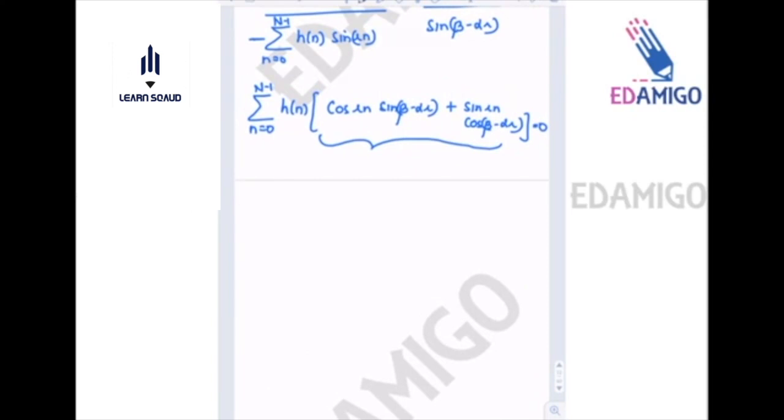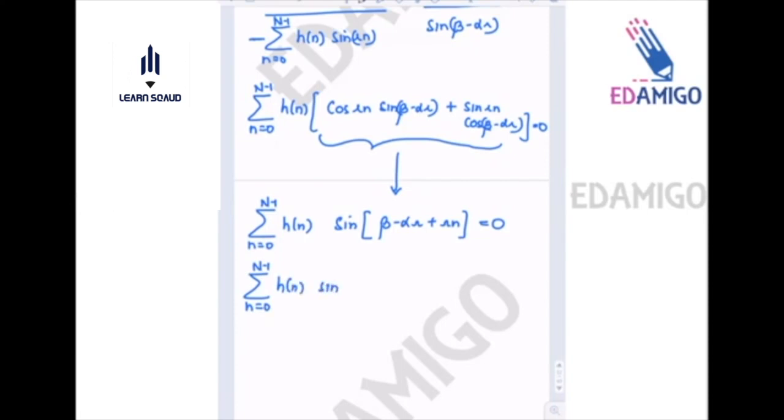Now this summation, so let me add a page here. This summation will come out to be a sine function, summation n equal to 0 to capital N minus 1 Hn sine of beta minus alpha sigma plus sigma n is equal to 0. So this can be written as beta minus alpha minus n into sigma is equal to 0.